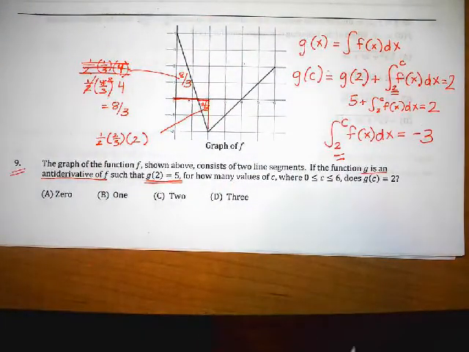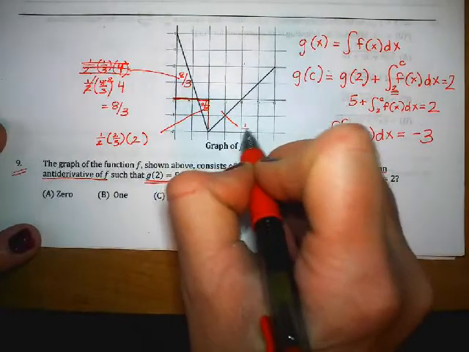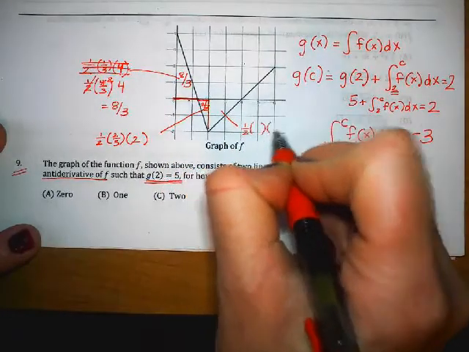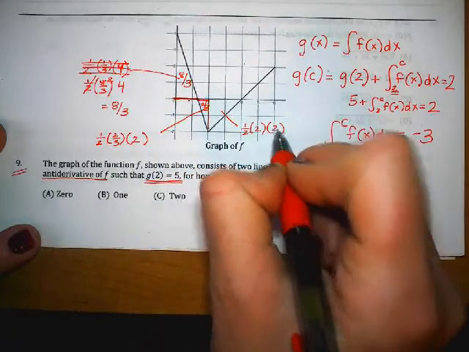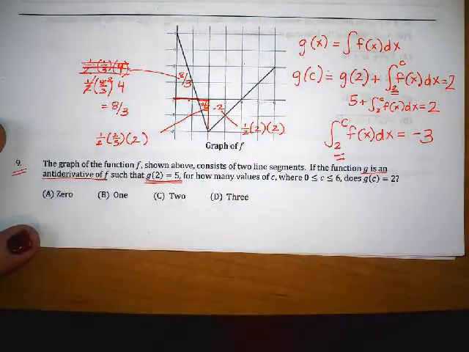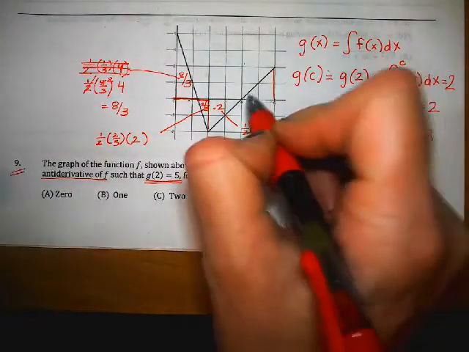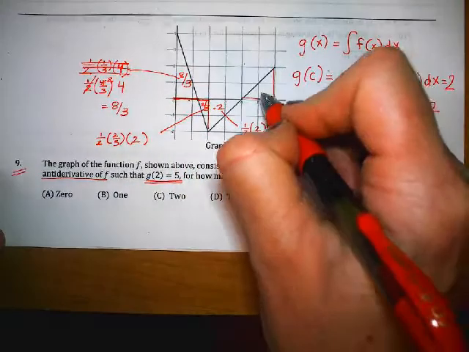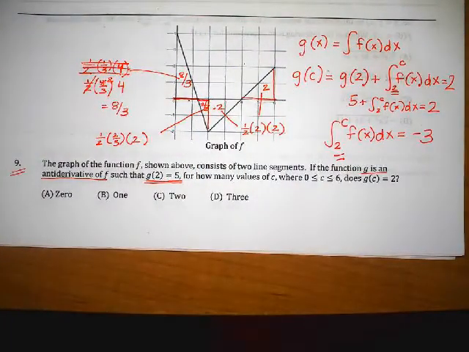It is negative because it's underneath. Then I'm going to move to this triangle, which is 1/2 base times height. This one's a little bit more straightforward. The base is 2, the height is 2. This is going to be an area of 2. I'll call it -2 since it's underneath the x-axis. Then I'm going to move over to my last triangle over here, which again is 1/2. The base is 2, the height is 2. This one's going to be a +2.